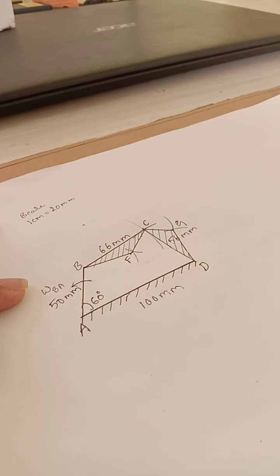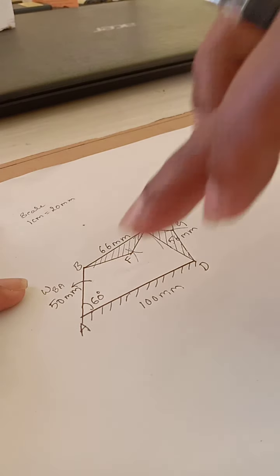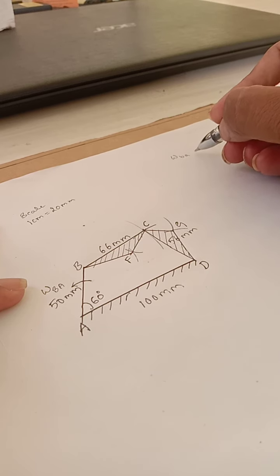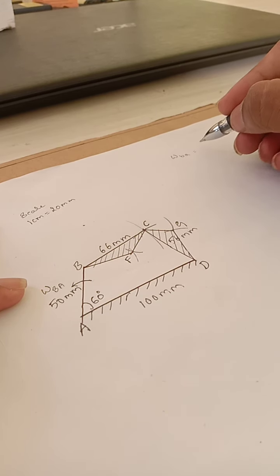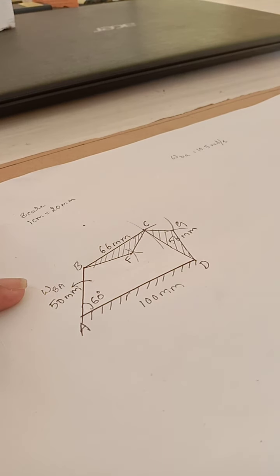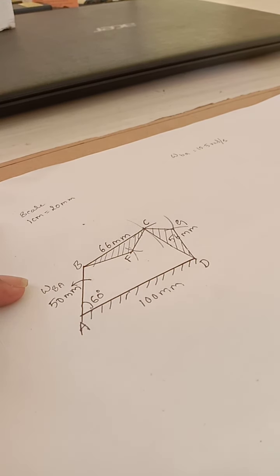Omega BA is the angular velocity of the link BA, and it is 10.5 radians per second.